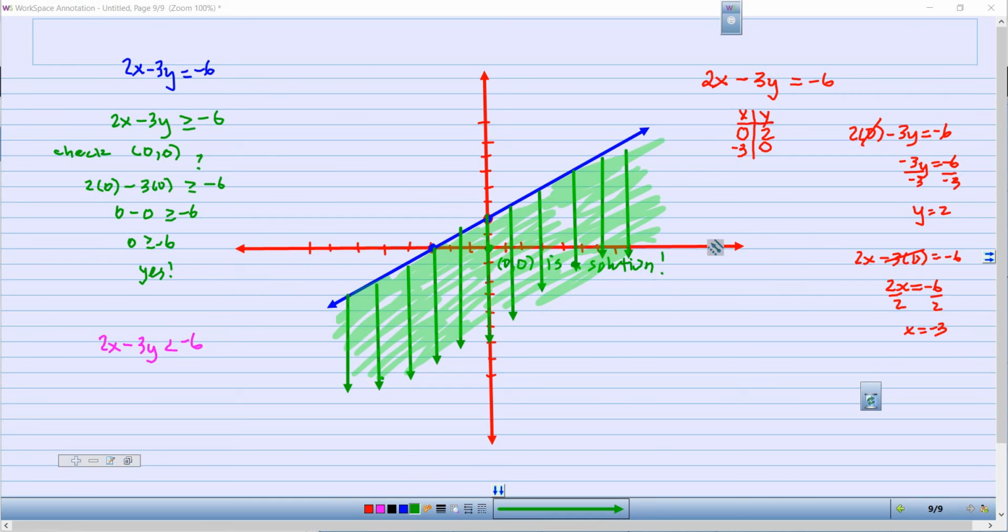Oh, by the way, I forgot something very important. I actually would, of course, need to graph, since it was greater than or equal to, those green points are also included on that line as well. Okay, now if I want to do 2x minus 3y is less than negative 6, I don't have to think too hard, because if all of the greater than values are below, then all of the less than values must simply be what?